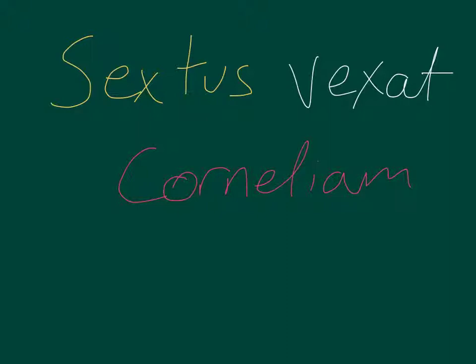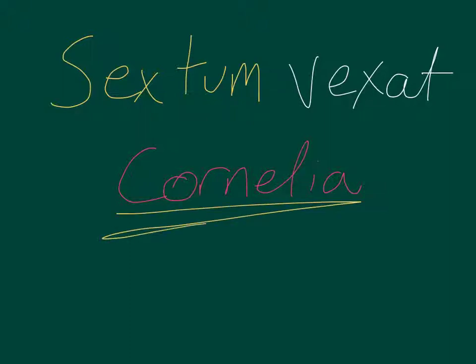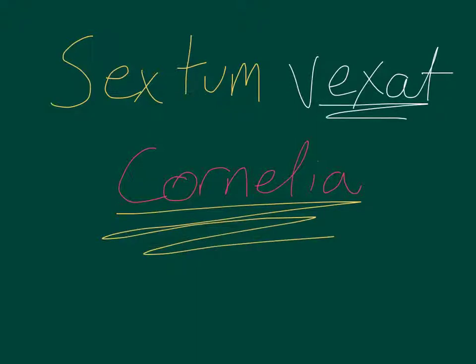Now, if we want to change that to Cornelia is annoying Sextus, we can erase the M on there, so it's Cornelia, back to what we had to begin with. And we can erase the S on Sextus and change that to the M. So Sextum Vexat Cornelia means that now Cornelia is our subject, Vexat is still our verb, and Sextum is our direct object.